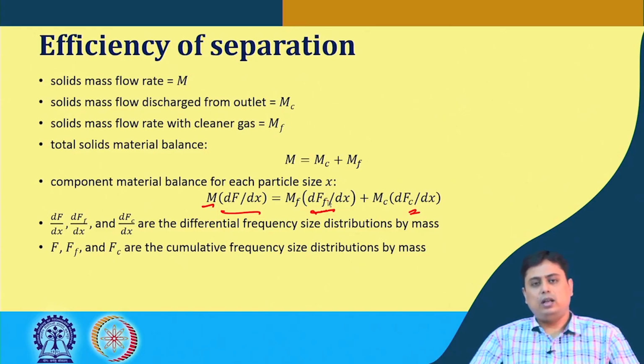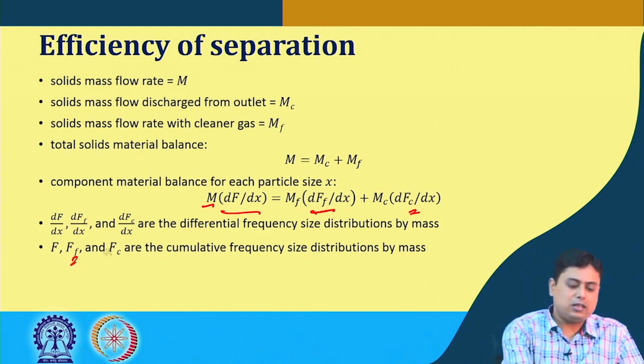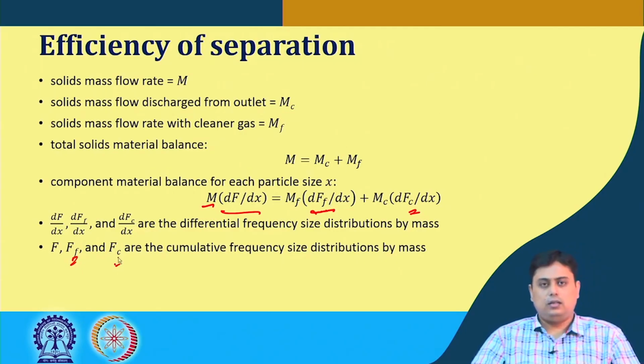This we covered at the very beginning, the relation between the cumulative frequency size distribution and the differential size distribution. So, here small f and small c, these subscripts stand for the fine particle outlet and the coarse particle outlet.